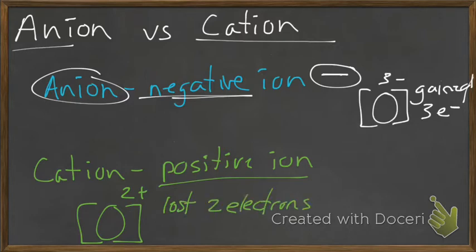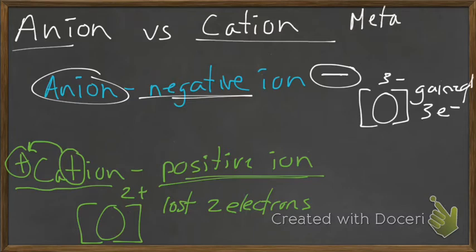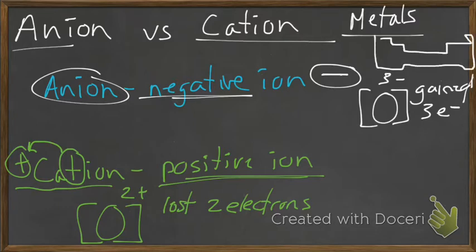The way I like to remember it, cation is positive. If you look at that T right there inside a cation, it looks like a big positive symbol. So anytime you have cation, you think positive ion. Generally speaking, if we think about metals, and if I draw out my makeshift periodic table really quickly here, we know that the metals are on this side of the periodic table.